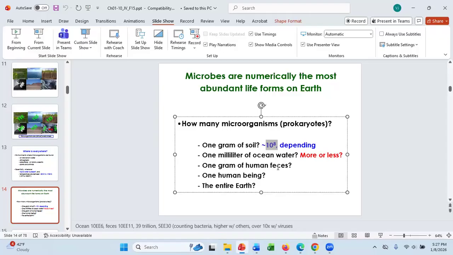obviously if the cell is living in ocean water, then the cell will have high salinity or high hygroscopic pressure in the cell, meaning a lot of sugar or something like that, to keep the water inside the cell. And to prevent the cell from bursting, most bacteria have a cell wall around them, which prevents water from moving into the cell and causing it to burst.